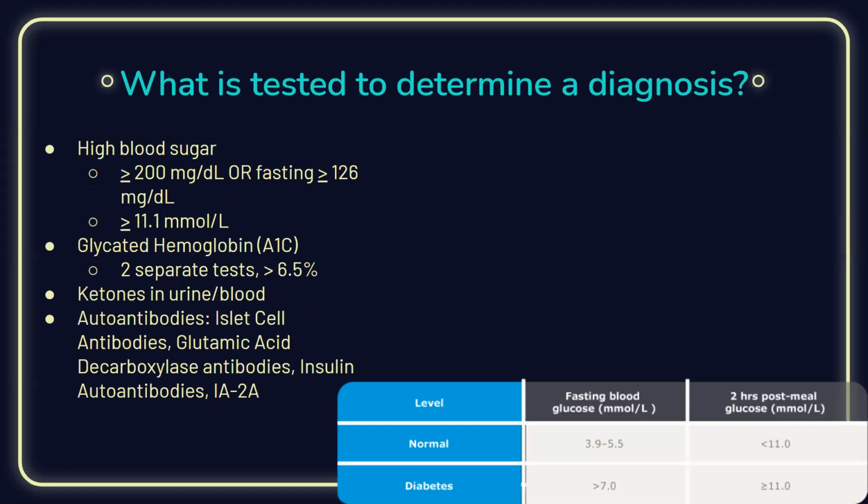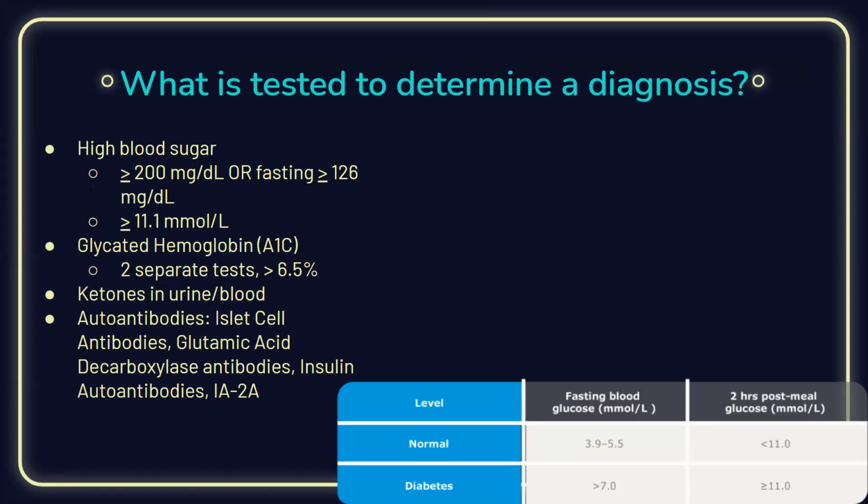Now moving on. How do you test to determine if someone has a diagnosis of type 1 diabetes? Well, a telltale sign is very high blood sugar. This is around greater than 200 mg/dL, which is a concentration, or fasting over 126.